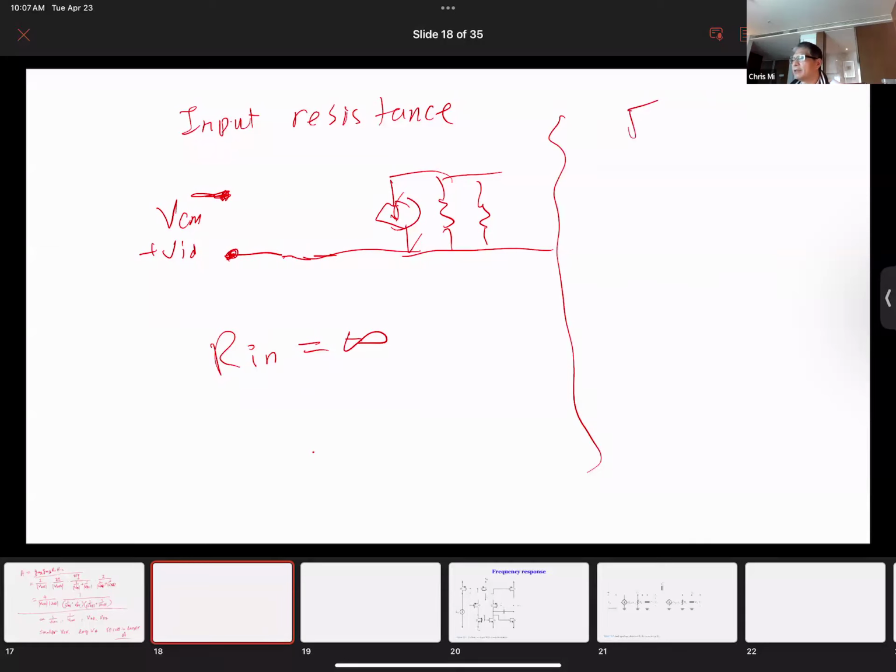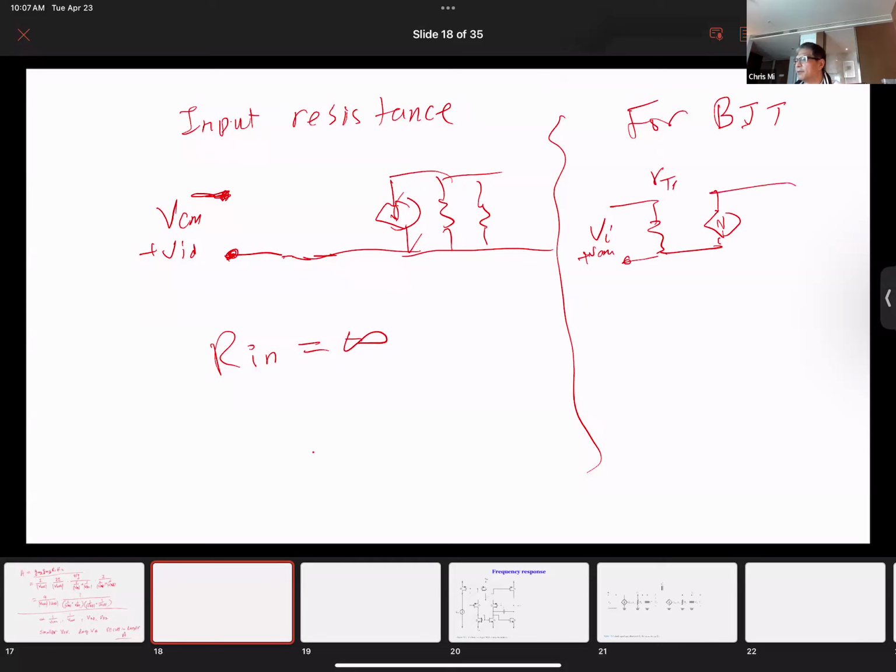But if this whole thing is replaced by a BJT instead of a MOSFET, you would have an equivalent resistance of this. You will have VI plus VCM, and you will have your R pi.